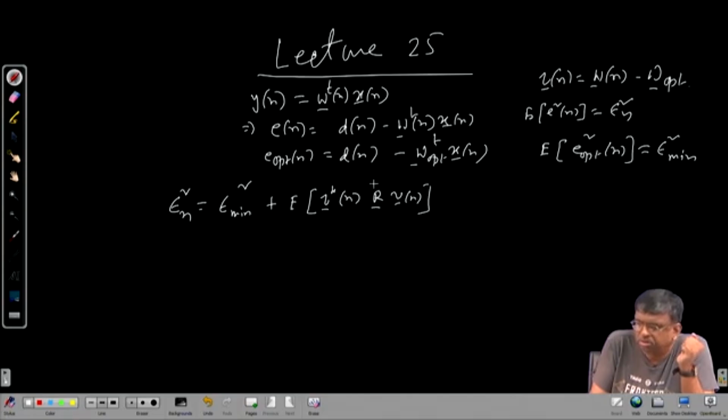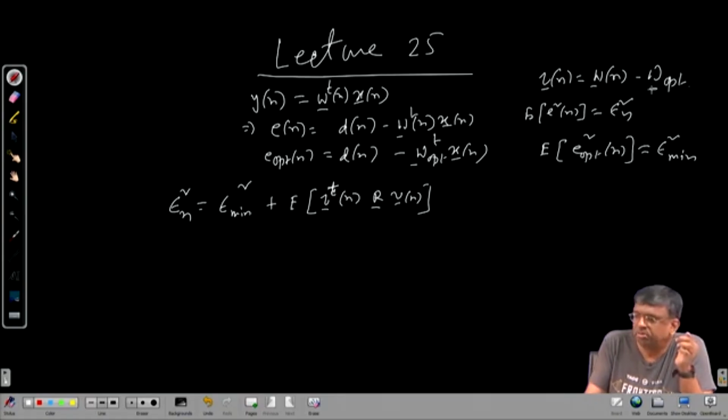R is positive definite, and therefore, any Vn Hermitian R Vn, as long as Vn is not 0, on average, will be positive. Actually, I could as well write transpose, because they are all real; I am considering only a real case. So, any V transpose n R Vn will be non-negative, and if Vn is non-zero, it will be positive.